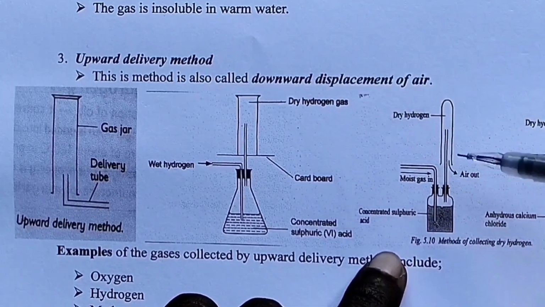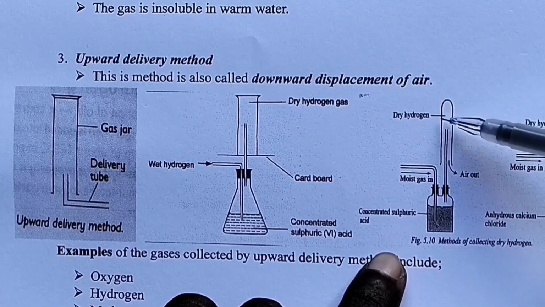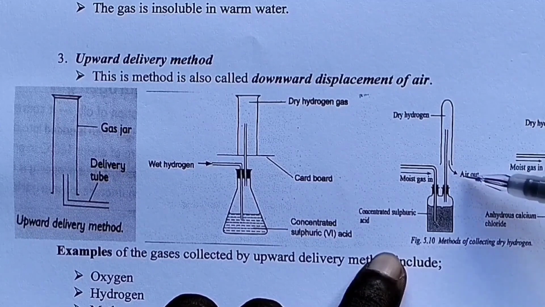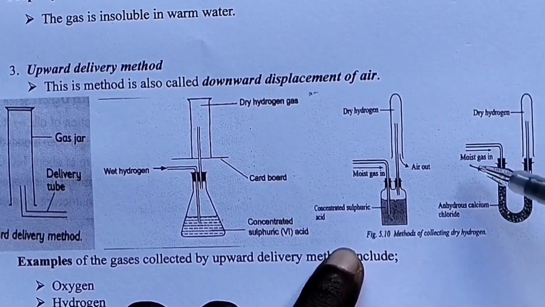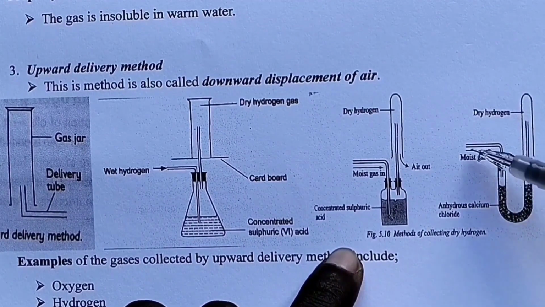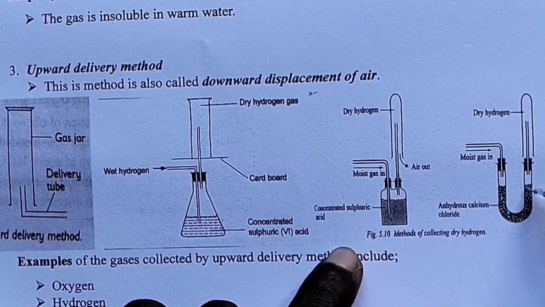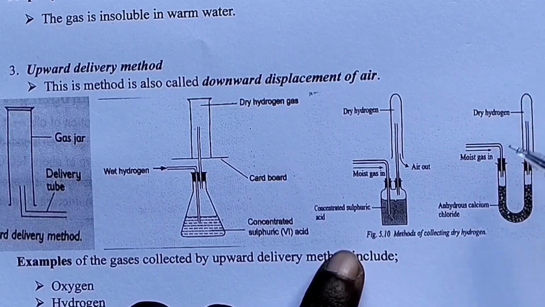If you check the air that was initially inside this test tube, or maybe gas jar or boiling tube, then that means air is displaced downward. This is air out. If we check this setup here, we are having moist gas or wet gas in, and this gas is dried using anhydrous calcium chloride in a tube. Then that dry gas is collected by the upward delivery tube, and here we have dry hydrogen gas or dry gas.